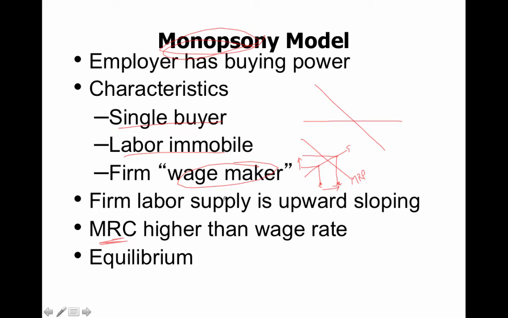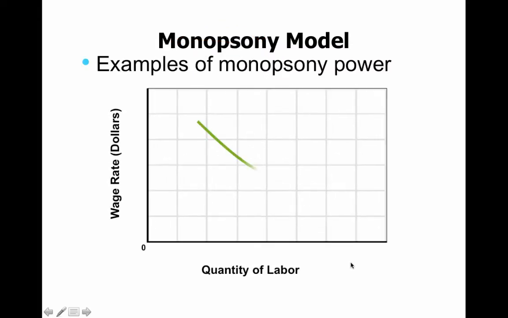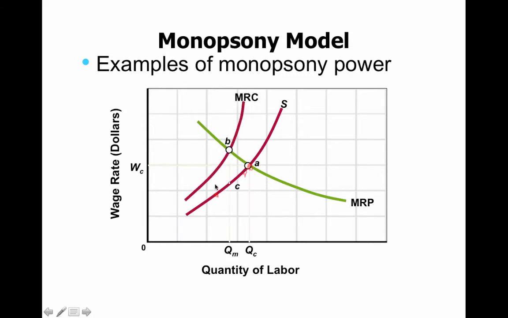And we did our activity in class where we plotted out the supply curve. It's going to look something like this. So our downsloping MRP curve, and then we have the supply of labor. But if in order to hire more people I have to pay more, then I not only pay more to the new person that I hired, but I also have to pay more to the old people. And that gives me an MRC curve that slopes upward even more steeply.